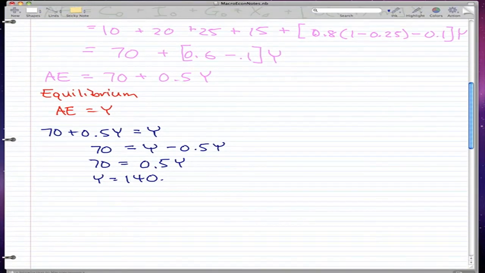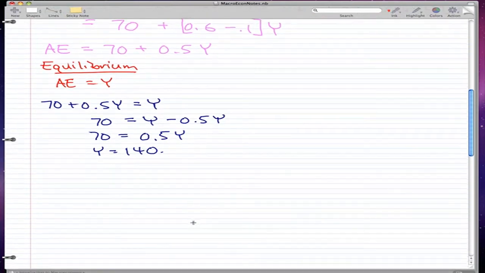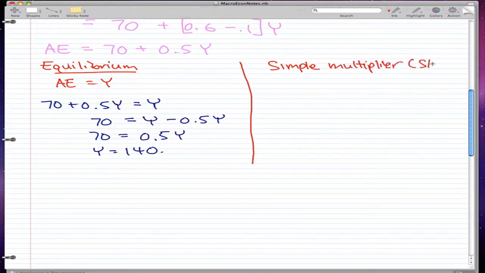And again, you should expect that we're not done yet. The next thing we have to do is find the simple multiplier. And let me draw a good breaking line here. The next thing we're doing is the simple multiplier, SM.